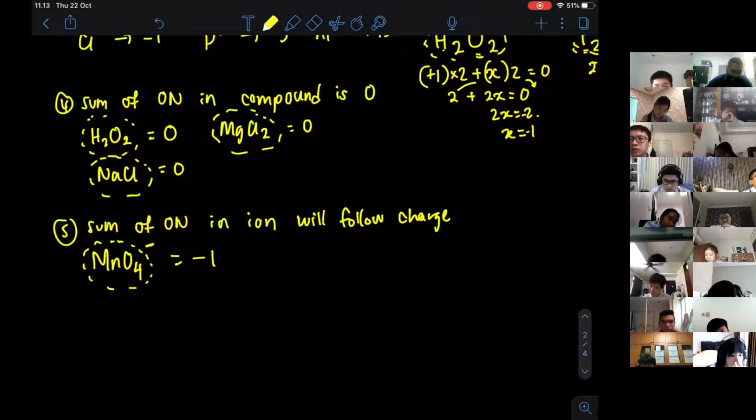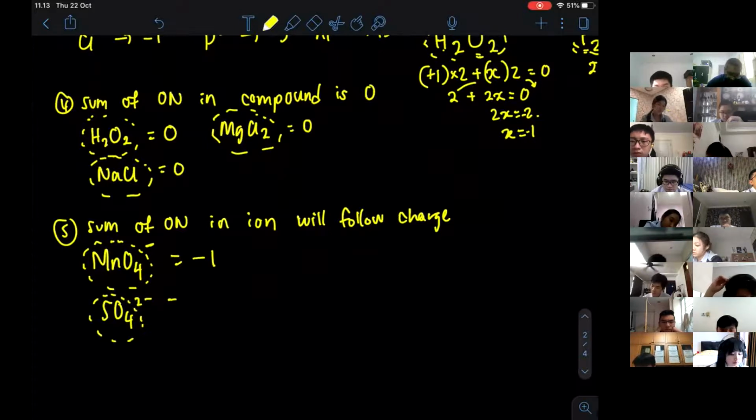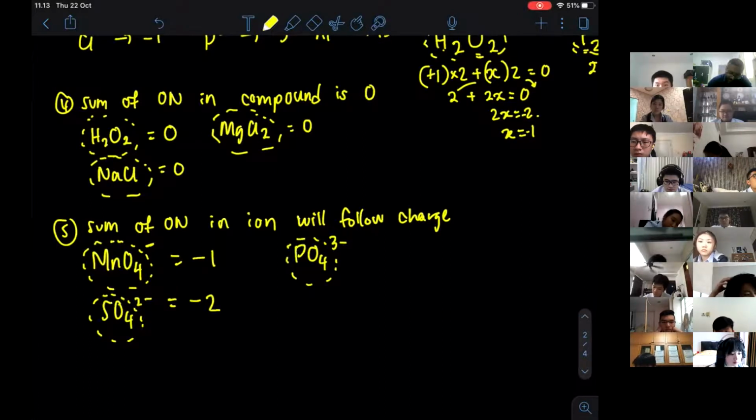If I have SO4 2 minus, the total oxidation number will follow the charge, -2. PO4 3 minus, the total is going to be -3. That's the total oxidation number.